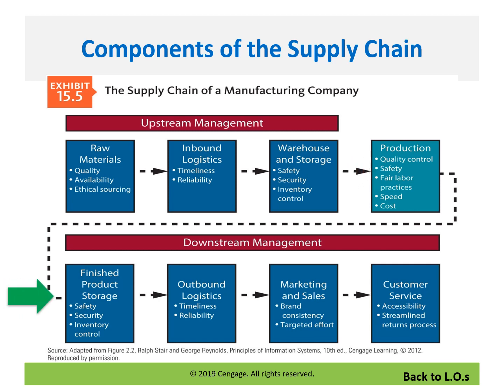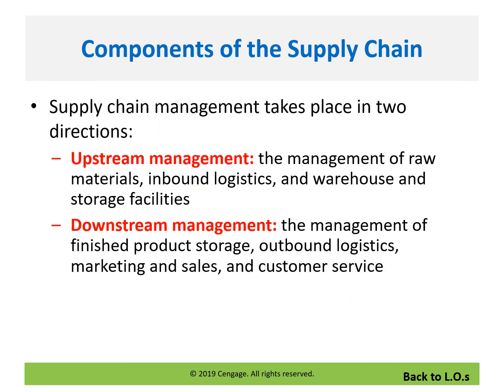Downstream management involves managing finished product storage, outbound logistics, marketing, and sales of the finished goods, and customer service, which ensure accessibility and, in addition, streamline returns process whenever necessary. So again, supply chain management takes place in two directions.